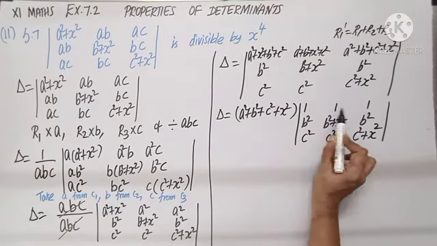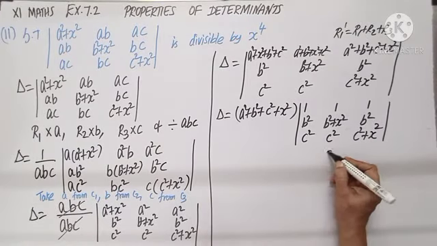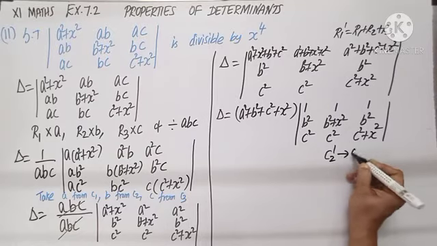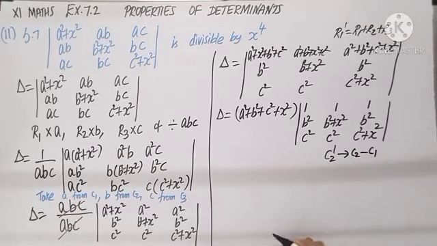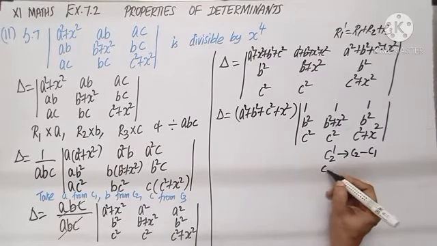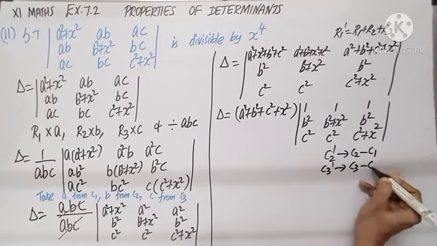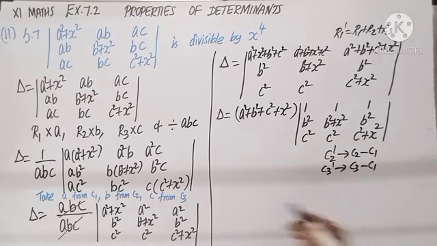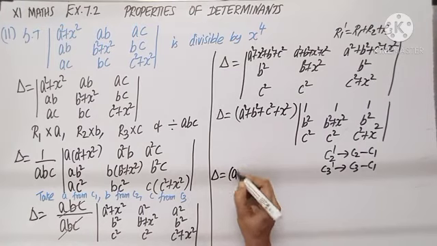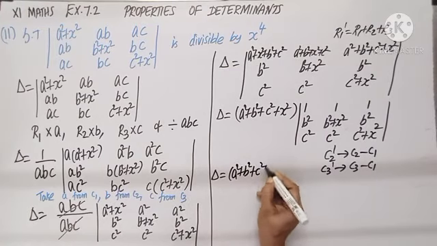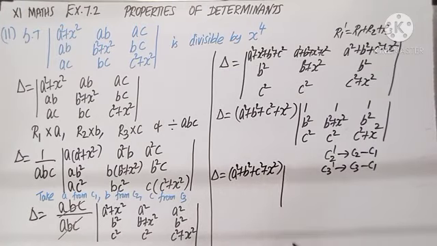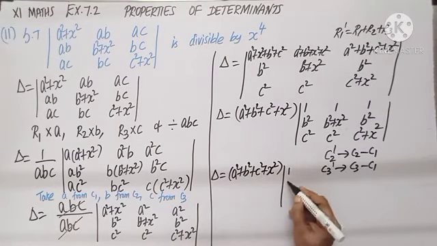Once I get ones, it is easy for me. Column 2 becomes column 2 minus column 1. Column 3 becomes column 3 minus column 1. As I subtract, it is A square plus B square plus C square plus X square into column 1, no change, as it is.